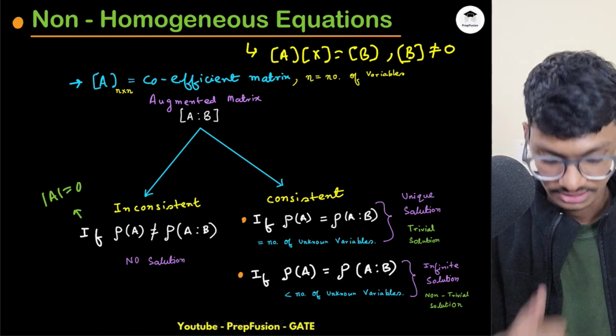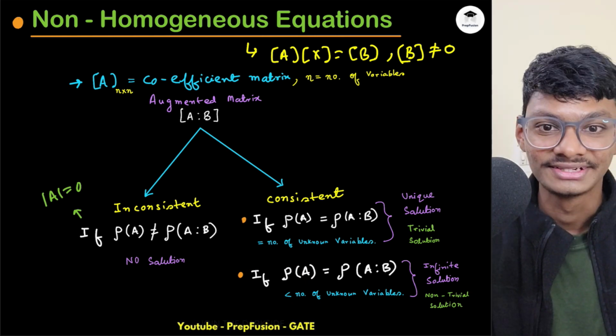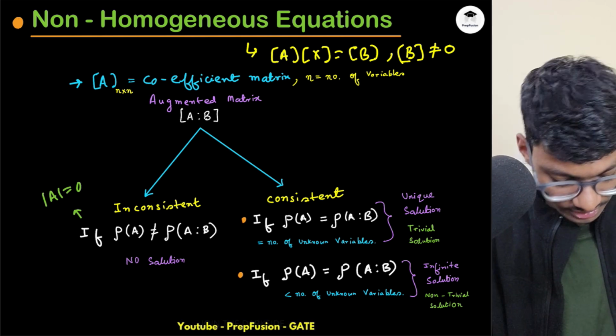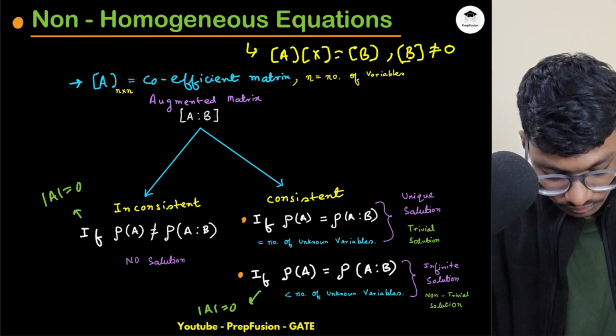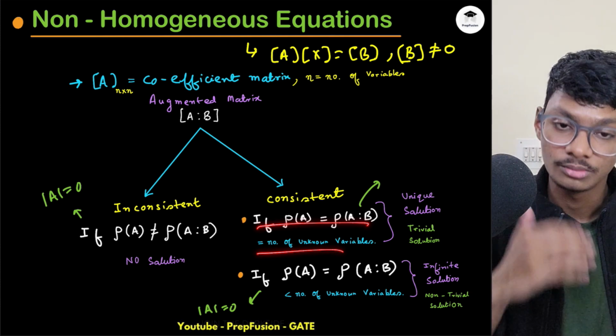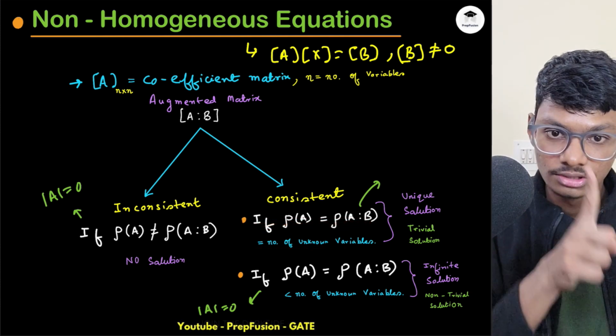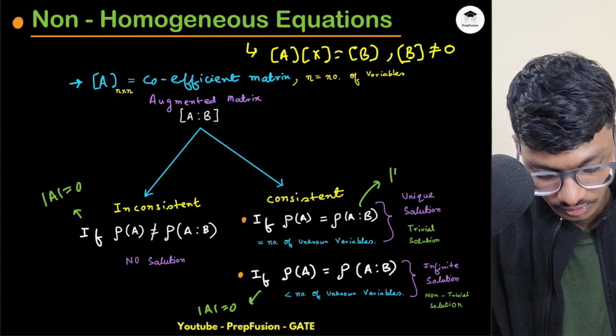So here also, in this case, the determinant is 0. But in the unique solution case, these two are equal and equal to the number of unknown variables, that means it equals n. So if it is a full rank matrix, the determinant of A will be non-zero.